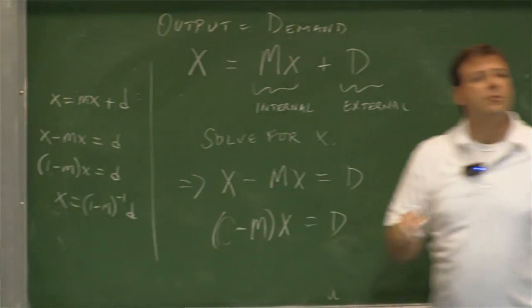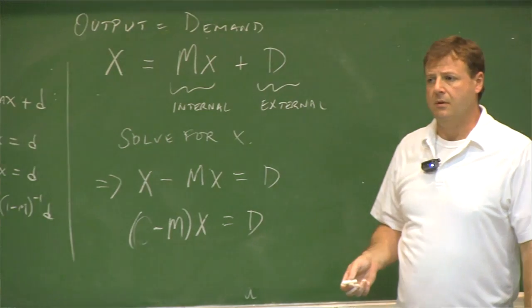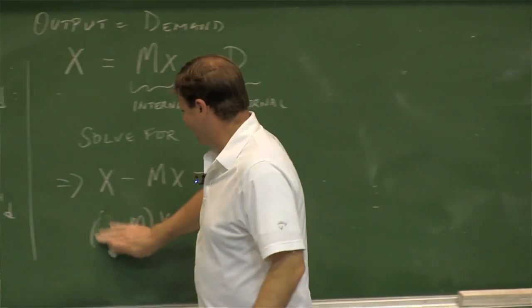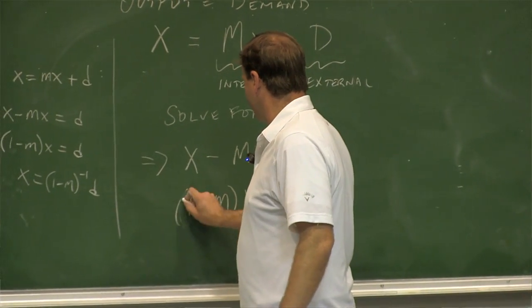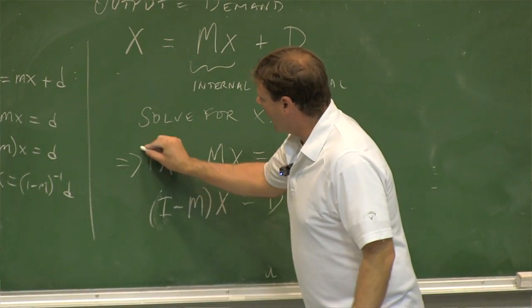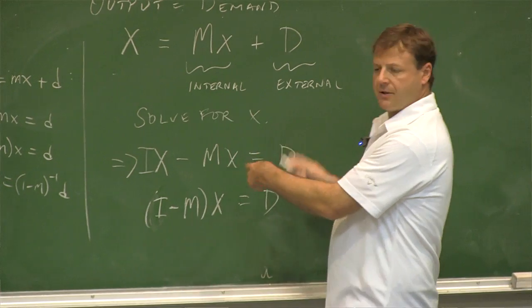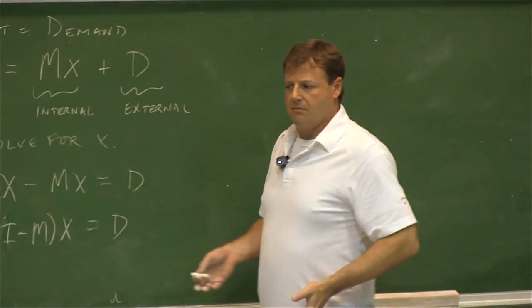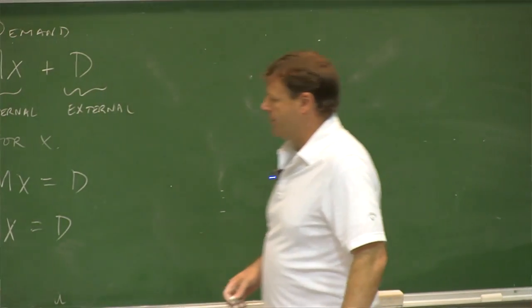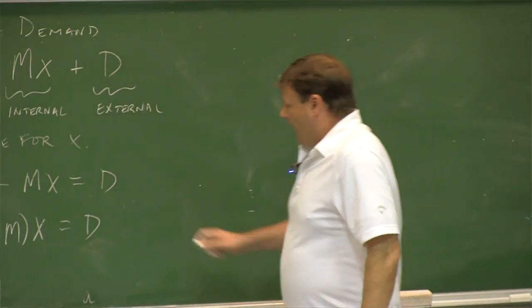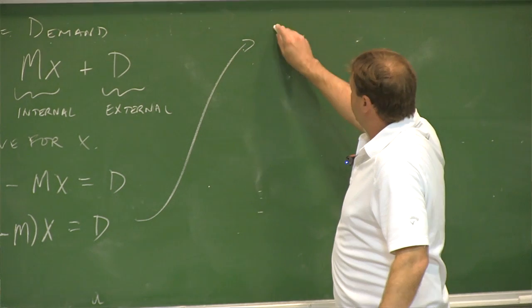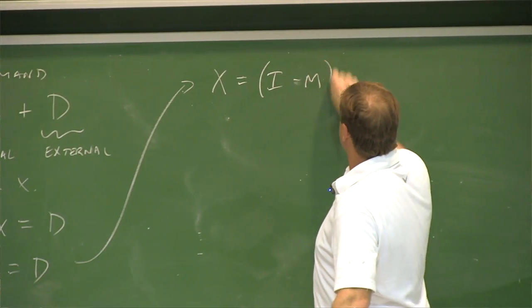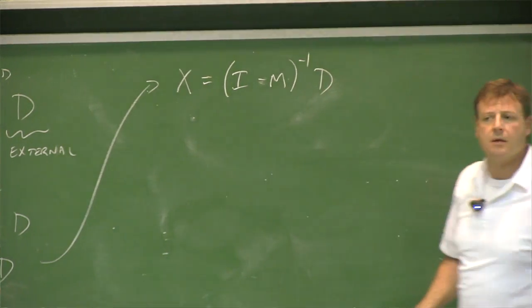So what plays the role of 1 in the matrix world? The identity matrix, yeah, the identity matrix. That plays the role of 1. If you like, you can write a little I right here, and then you can see the factorization. Because remember, the identity times anything just gives you the thing back again. That doesn't change it. All right, so then now I could say that X is equal to (I minus M) inverse D.